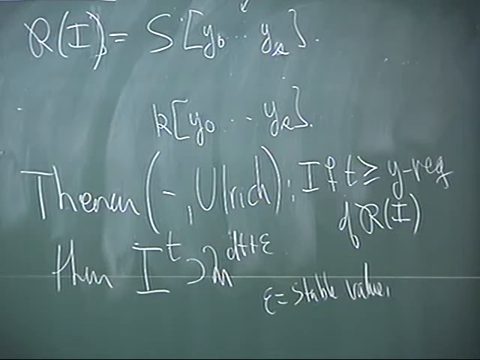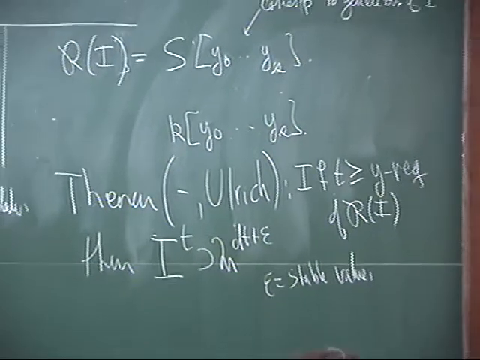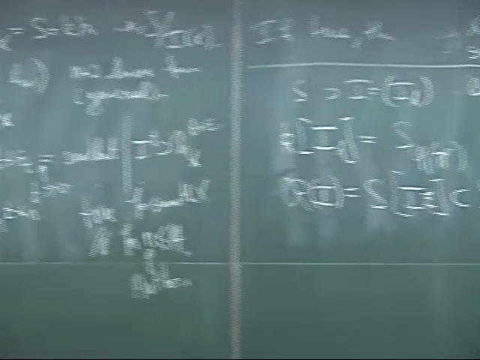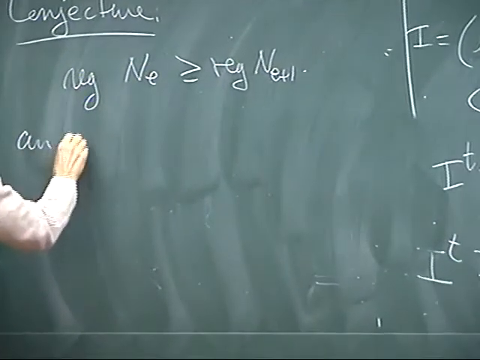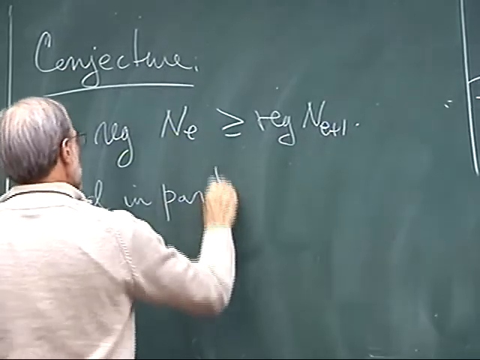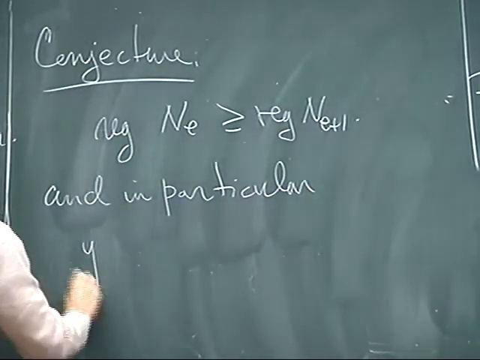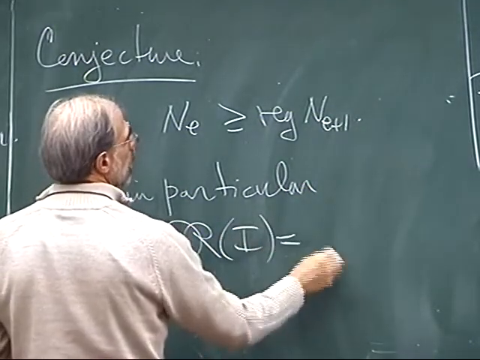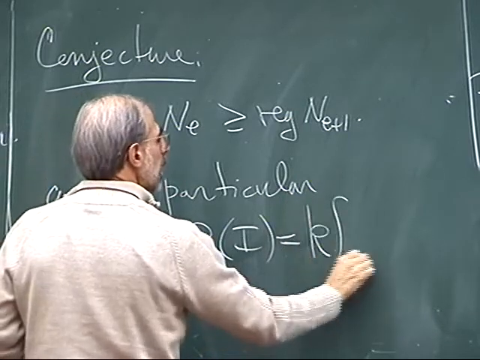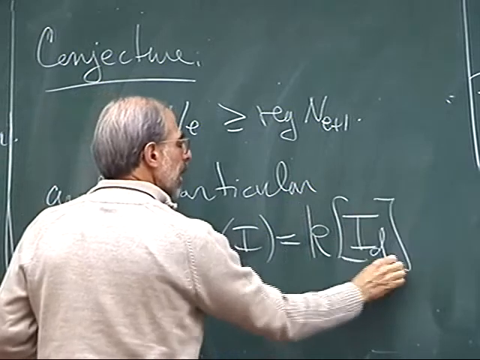So, the last conjecture, which ties all these M sub e's together: the regularity of M sub e is a decreasing function of e, so reg M_e is bigger than or equal to the regularity of M sub e plus 1, and in particular, the y regularity of the Rees algebra, the number that appears over there, is equal to the, if you like, ordinary regularity of this ring of the image, k of I_d.